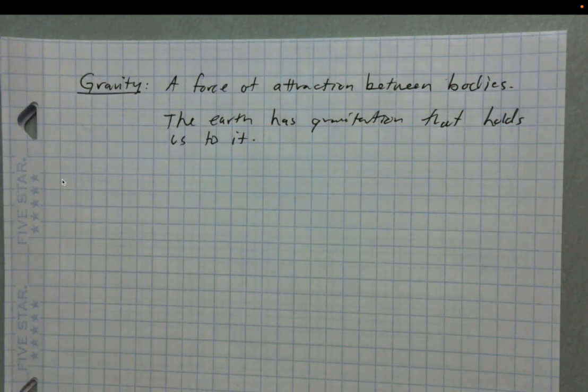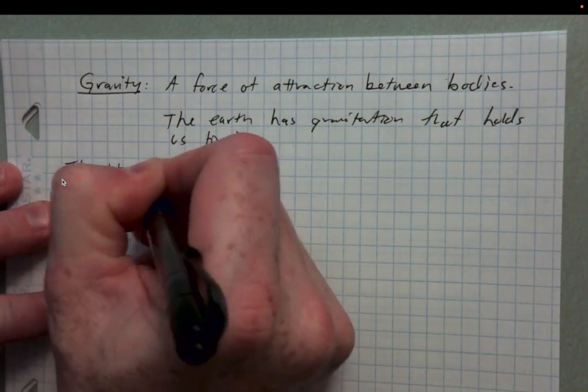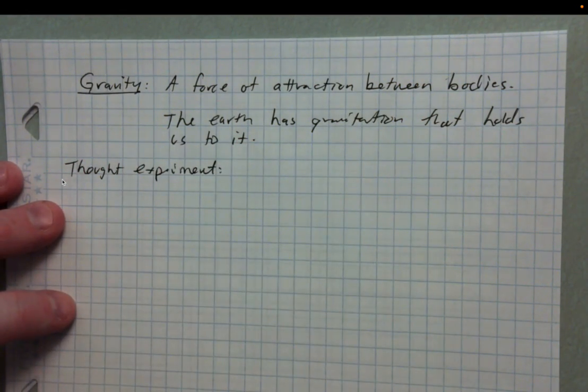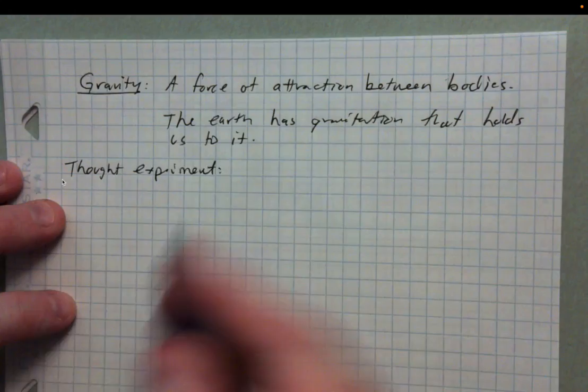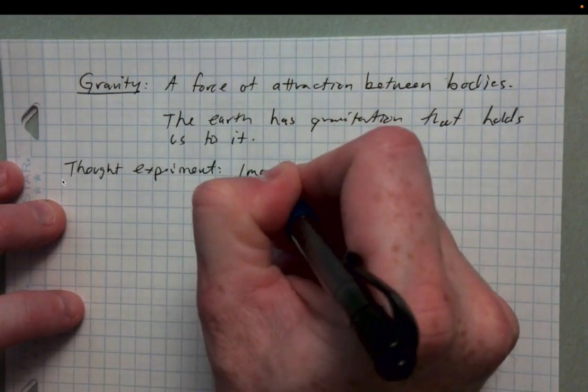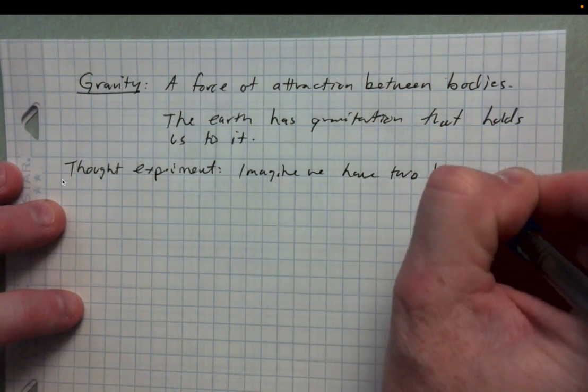Okay, and so let's jump into gravitation just a little bit and think about it. I want to do a thought experiment, right, as we talk this through. Imagine that we have two balls, right?